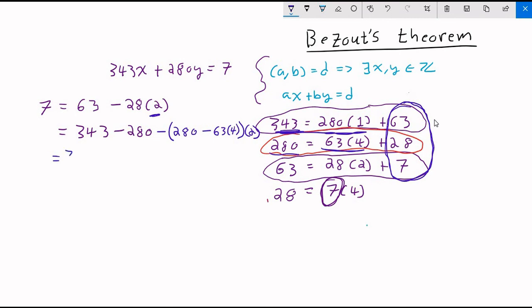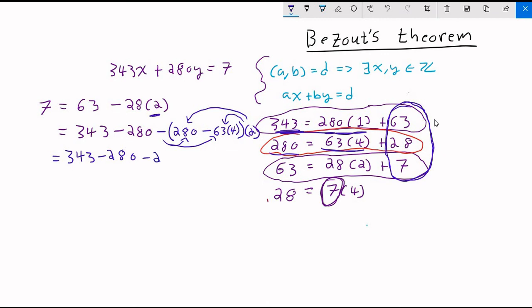So I'm going to get here 343 minus 280. And now I'm going to distribute the minus sign into these parentheses, and I'm going to distribute this multiplication by 2 into the parentheses, but I'm not going to simplify.